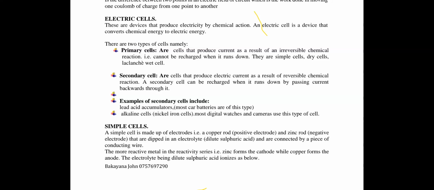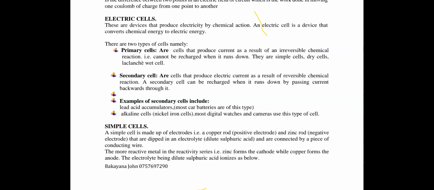But when I talk about the alkaline cells, at that point I mean nickel-iron cells, or I can say nickel-cadmium cells. Those ones are used in digital cameras and digital watches.